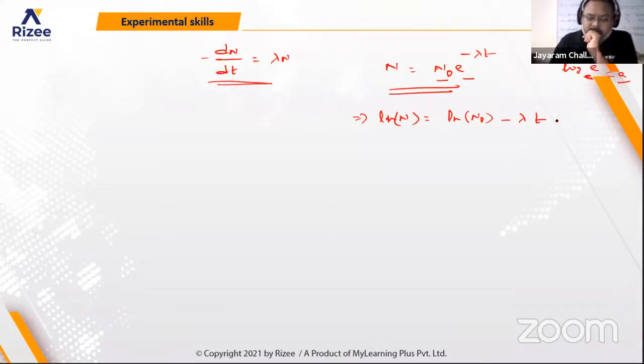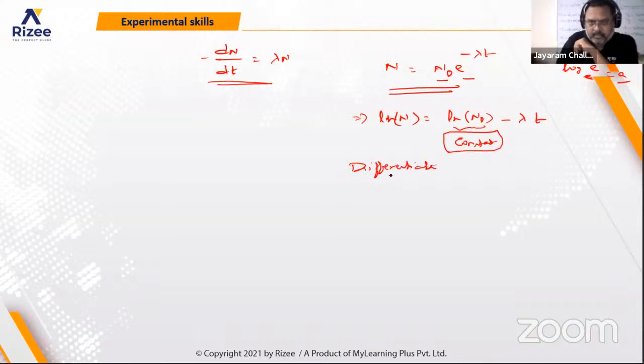This is anyway constant, because n naught is a constant value, and log of a constant is constant. Why am I going for the constant? Because I need the delta lambda for that, so we are going to differentiate. If I differentiate this expression with respect to t, the differential of log of x is 1 by x.